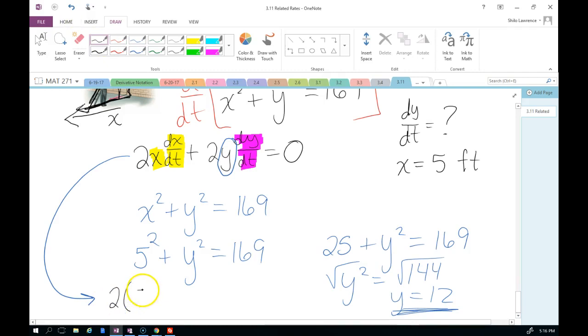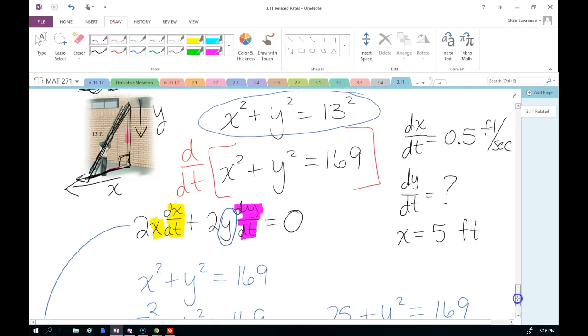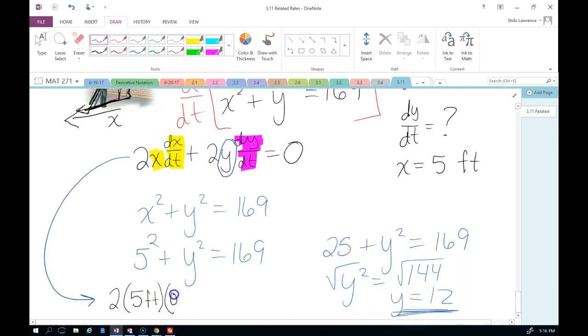2 times 5 feet times, we know dx dt was 1/2 foot per second, plus 2 times 12 feet times dy dt equals 0.